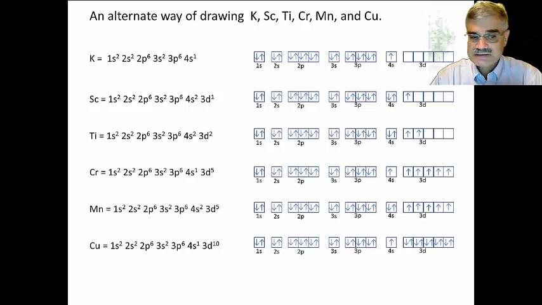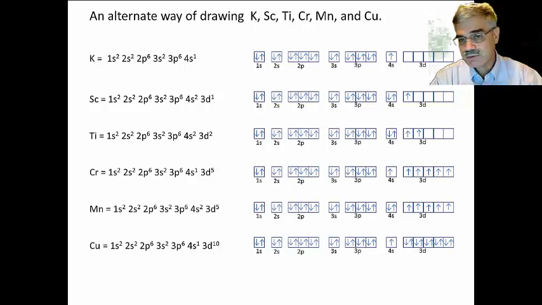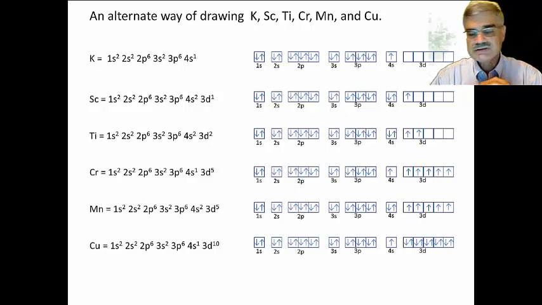Chromium, remember we said that something funny happens with chromium and with copper. This is a representation of what happens with chromium. With chromium, we wind up with the last sets of electrons being 4s1, 3d5. That's so that you can have a half-filled, and if you look over to the right, a half-filled 3d5, leaving behind only a single electron in 4s, 6 unpaired electrons.